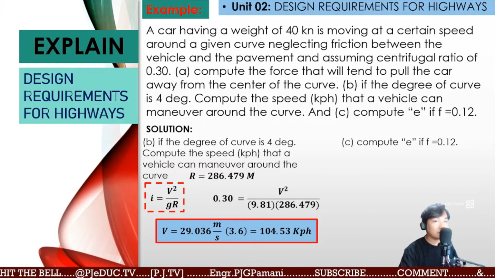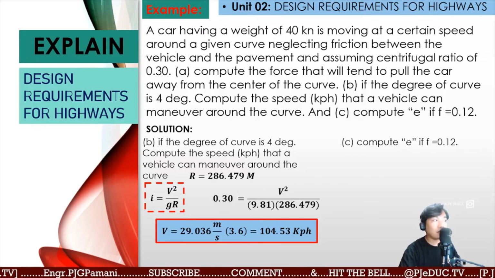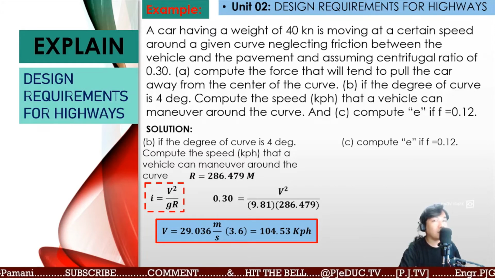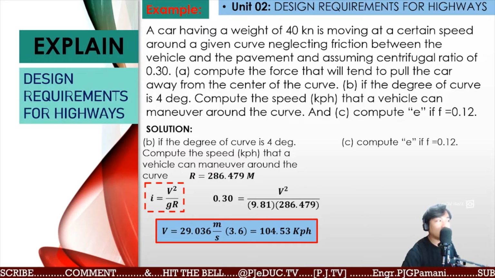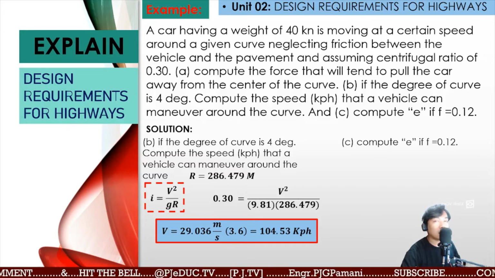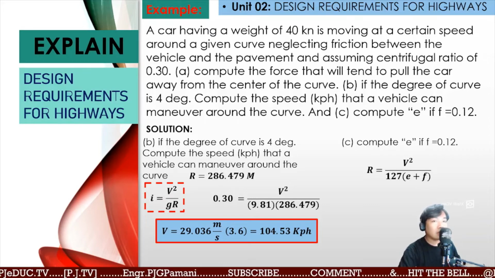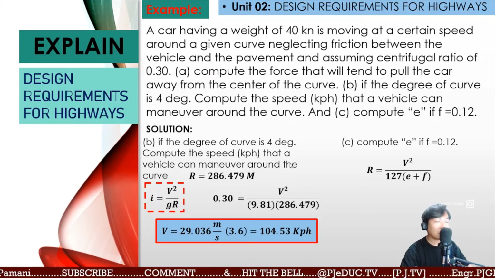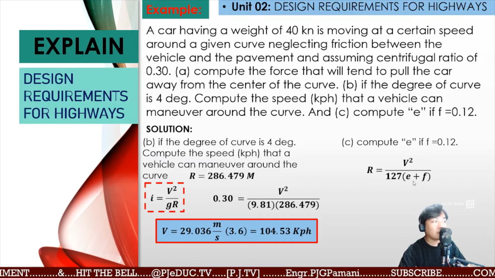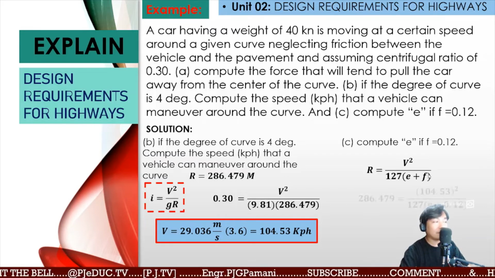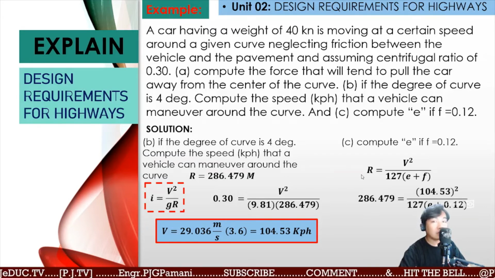With that computed speed, tinatanong naman niya for us to compute now the super elevation E, if the friction between the vehicle and the pavement is 0.12, avoiding skidding. So remember the minimum radius of curvature formula, R is equal to the design speed V squared over 127 if it is kph, times the super elevation E plus Fs, or plus F. Minimum radius, or the radius computed, is 286.479 meters.